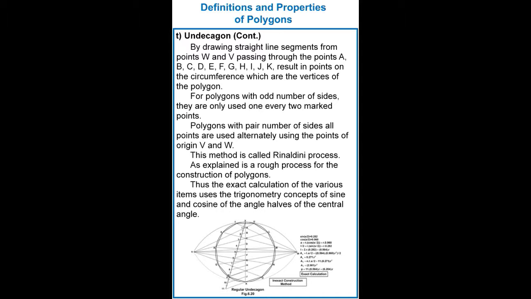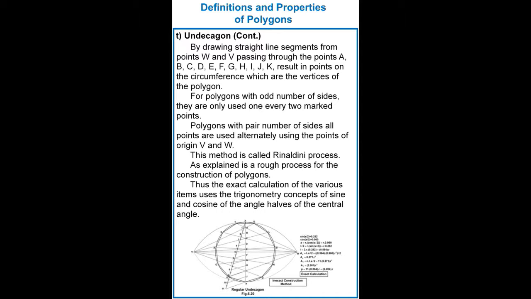In the case of polygons with an odd number of sides, alternate points of the vertical geometry are used twice. For polygons with an even number of sides, each of the marked points on the vertical geometry is used once. The process used for the construction of the Undecagon is called the Rinaldini process.